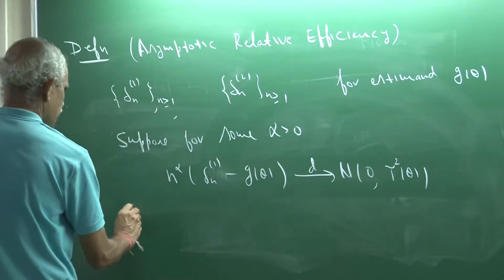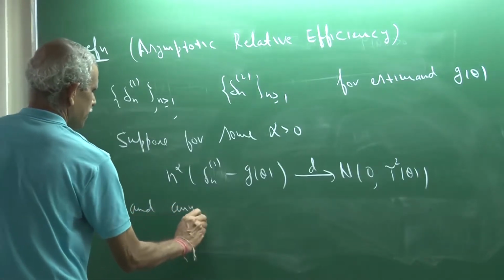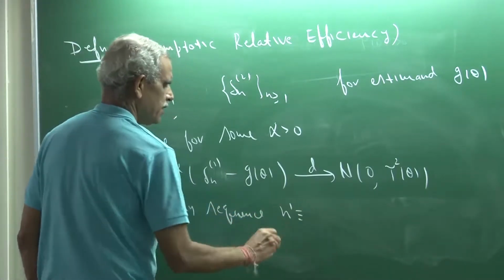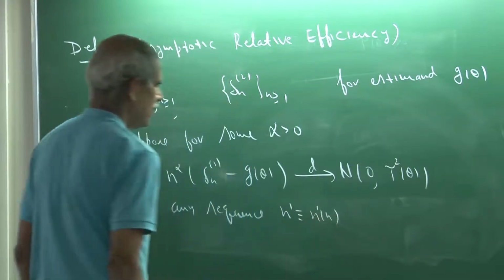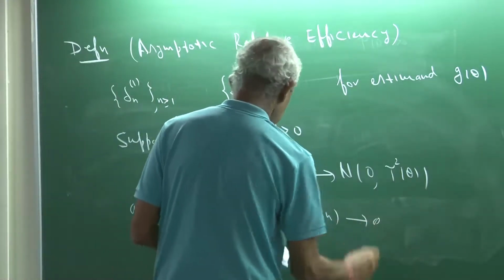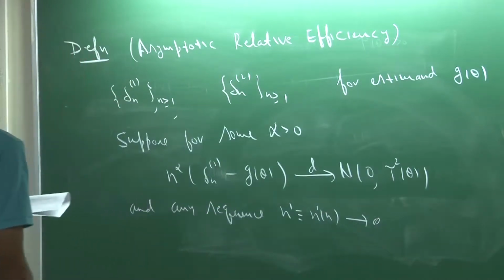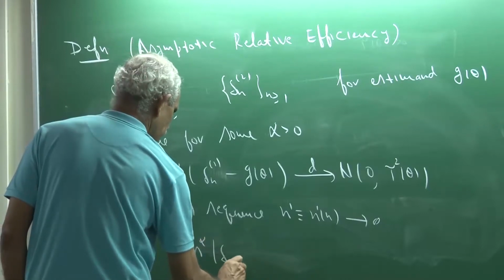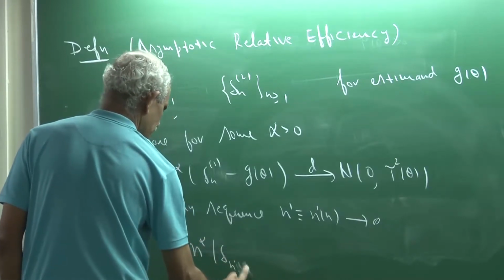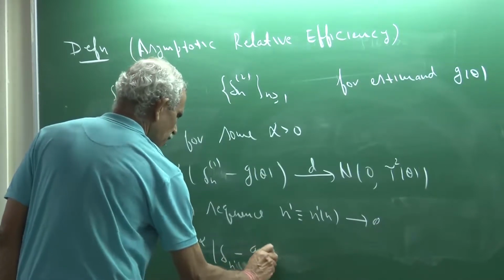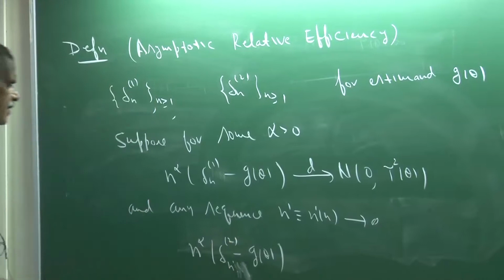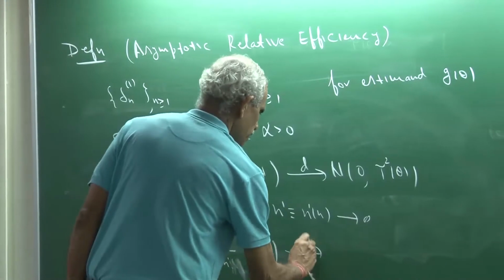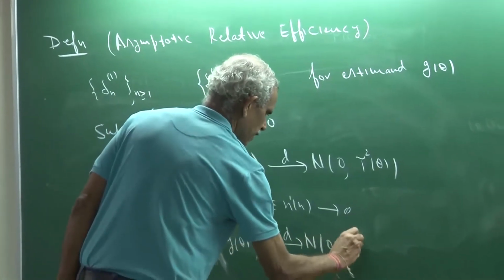And for any sequence n prime, n prime of n going to infinity, n prime to power alpha times (delta n prime minus g theta), for delta n2, I fix the rate the same, and I fix the variance also the same, goes to the same limit.